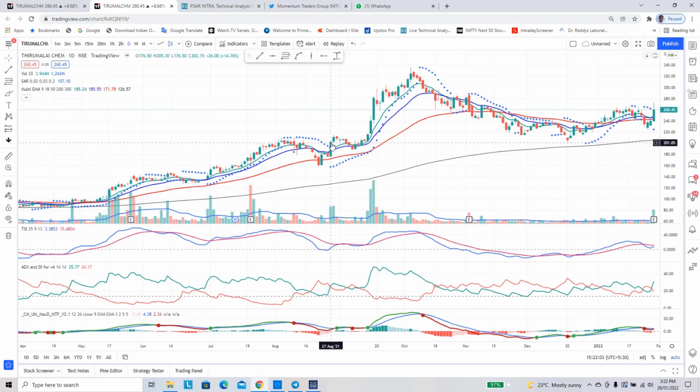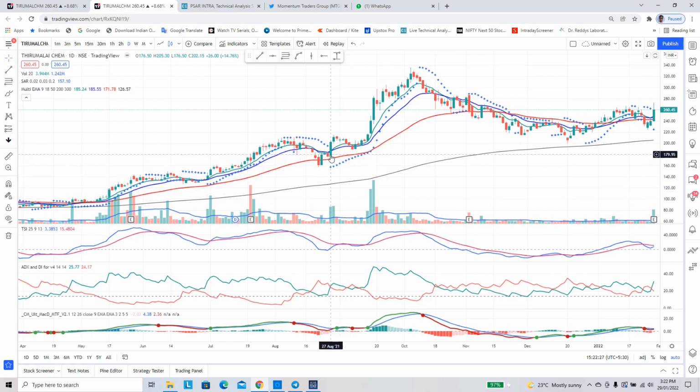If you want, you can take a buy signal here as well, because anyways the stock 9 EMA is above 18, above 50, above 200. So you would have taken the position here at 200, 201.